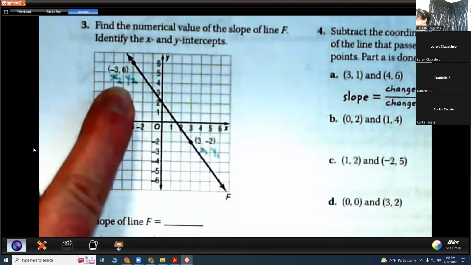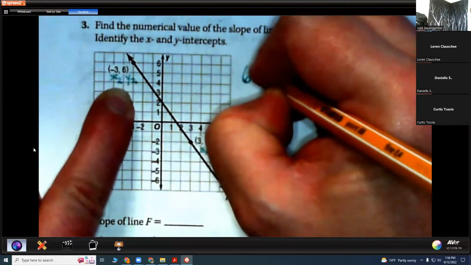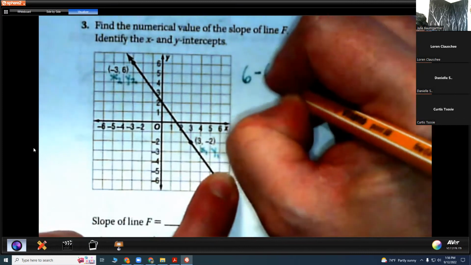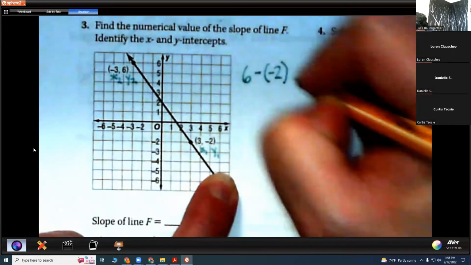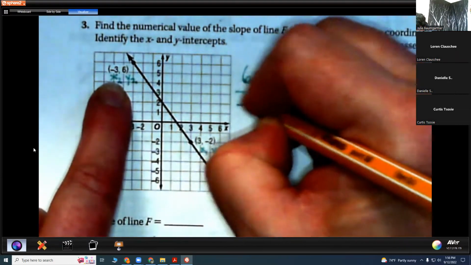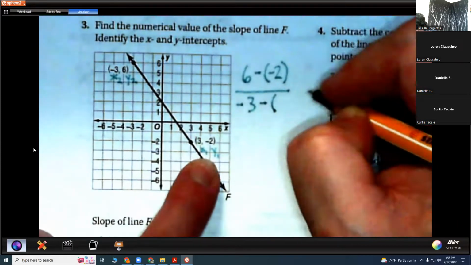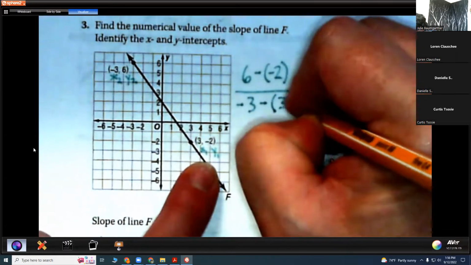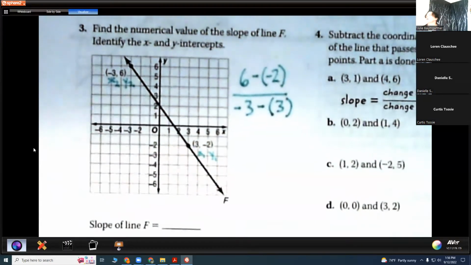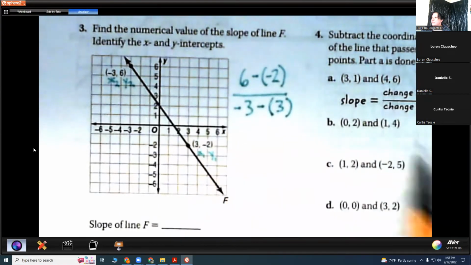So I start with my y's: y2, 6, minus y1, divided by x2 minus x1. So 6 minus -2 would be +8.